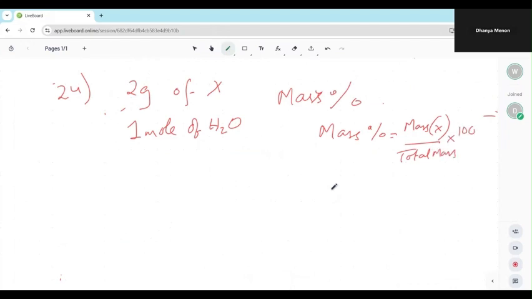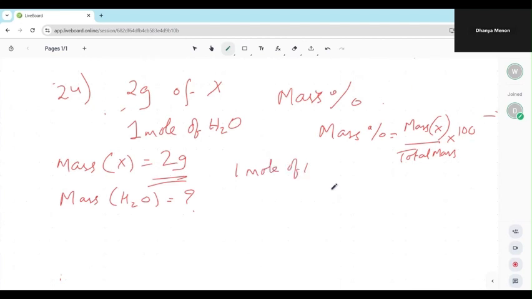Now, we know the mass of X. They have given it directly as 2 grams. In order to know the mass of the whole solution, we need to know the mass of the water. Mass of water, we don't know. But they have given you that it is 1 mole of water. Now, I already told you students during the lesson, 1 mole of any substance weighs equal to the molar mass in grams.